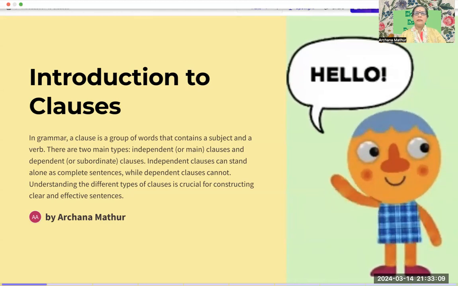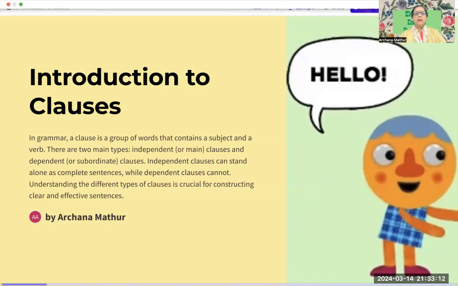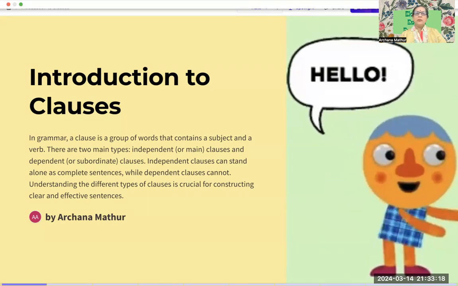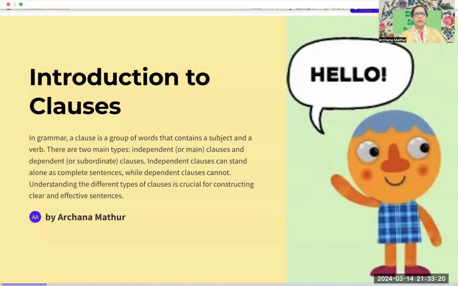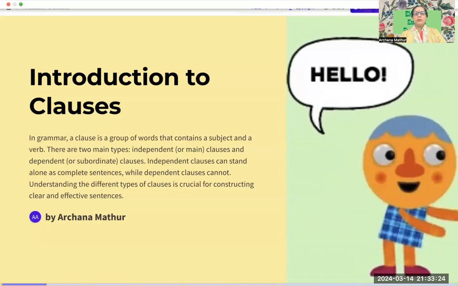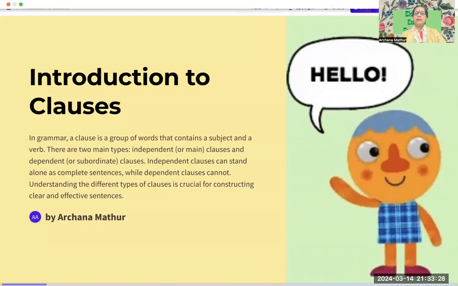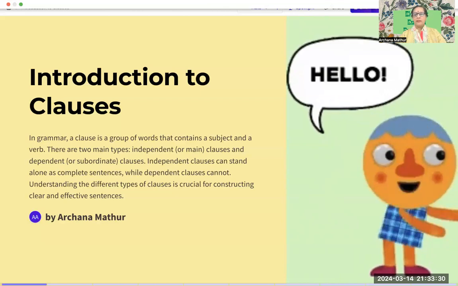They are complete in their information, while dependent clauses cannot be used independently. They just give you selective kind of information. Understanding the different types of clauses is very crucial for the construction of clear and effective sentences.